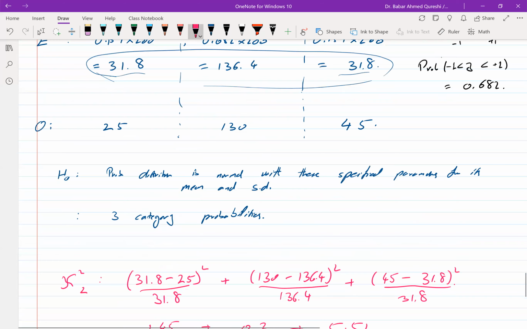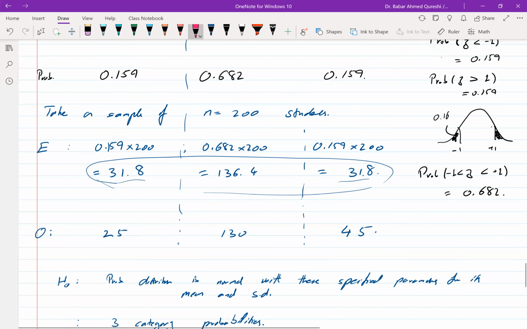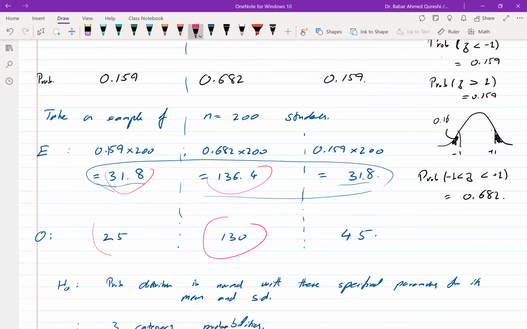So this number is pretty close. This is also not very far away. One indication is that these two numbers are not equal, which we expect to happen in a normal distribution.